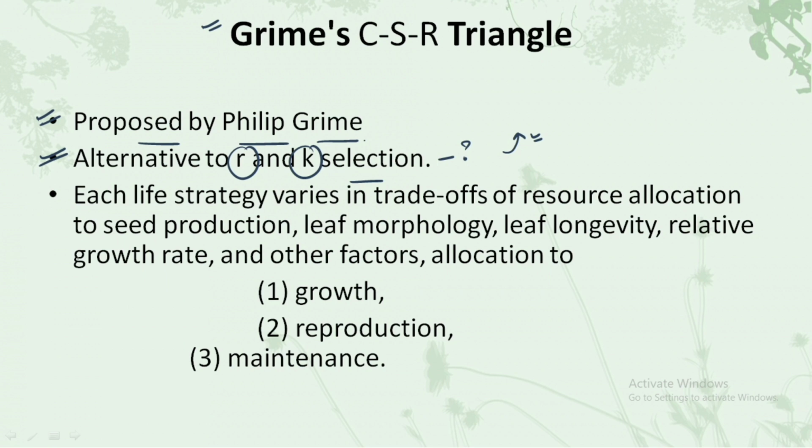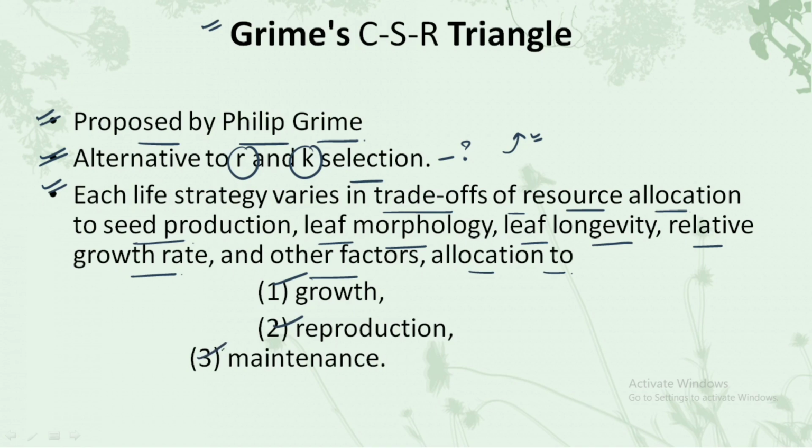In the Grime's model, every life strategy varies in the trade-off of the resource allocation to seed production, leaf morphology, leaf longevity, relative growth rate, and other factors. And they are all allocation to growth, reproduction and maintenance. What does this mean?